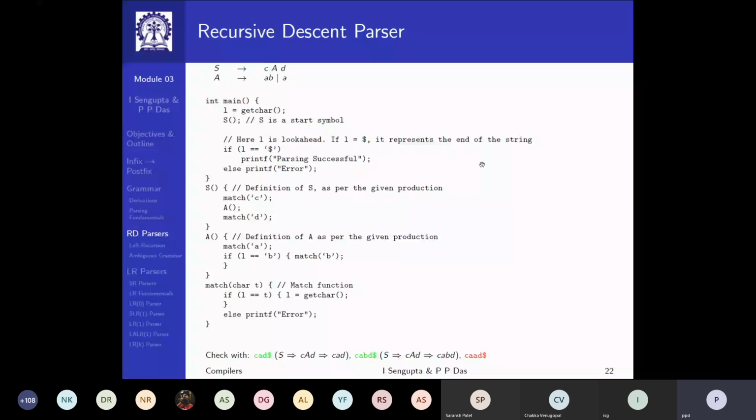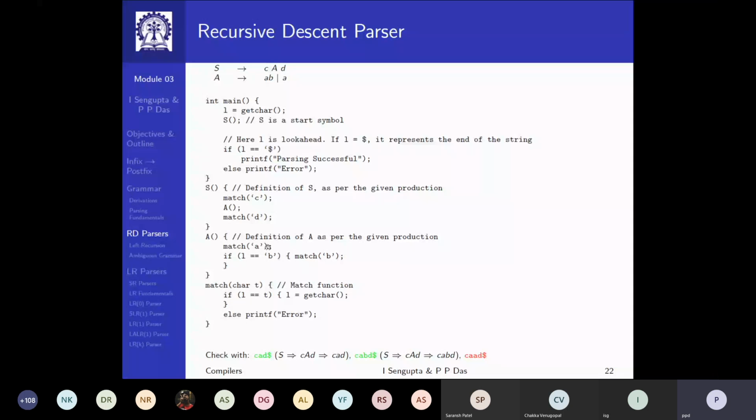Let's look at one wrong string, say caad$. If we give this as input, what will happen? Where will it fail? It starts at L, which gets c here. L is c, S is called, match c, that matches, goes to A, comes here. Then L at this point, after match c, must be the first a after c. So it matches a, and after it has matched, L becomes the second a.